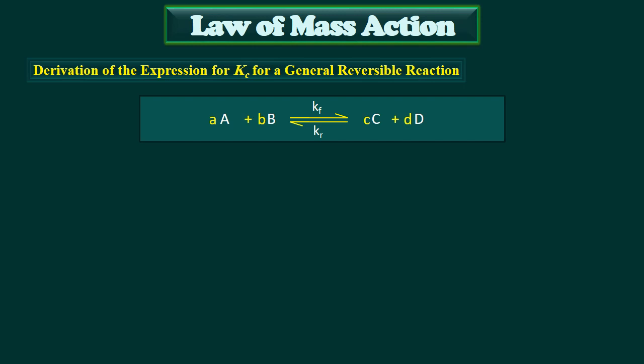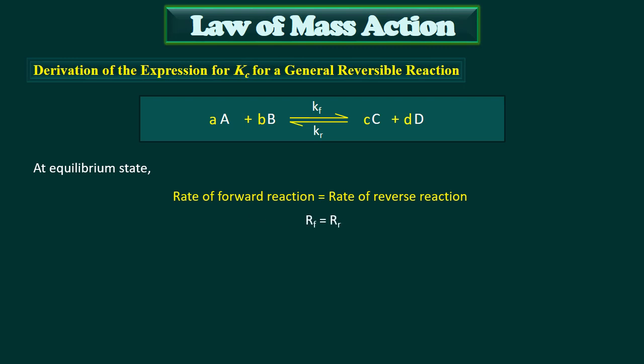As you know, students, at the equilibrium state, the rate of forward reaction is equal to the rate of reverse reaction. So by putting the values of Rf and Rr from equations 1 and 2, we have this equation.